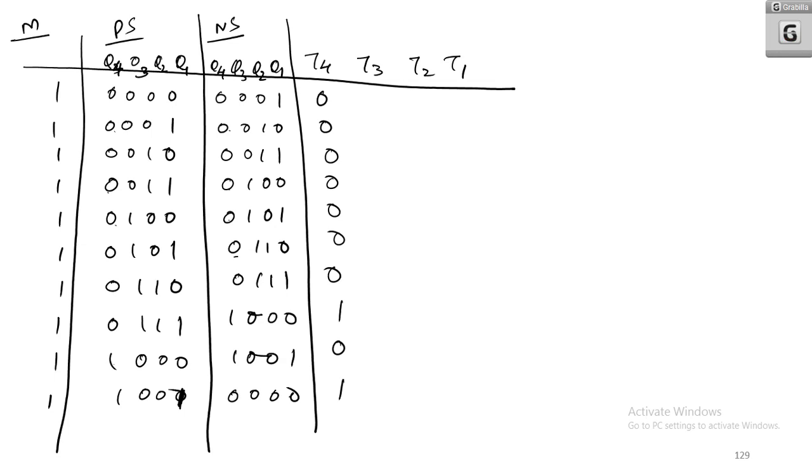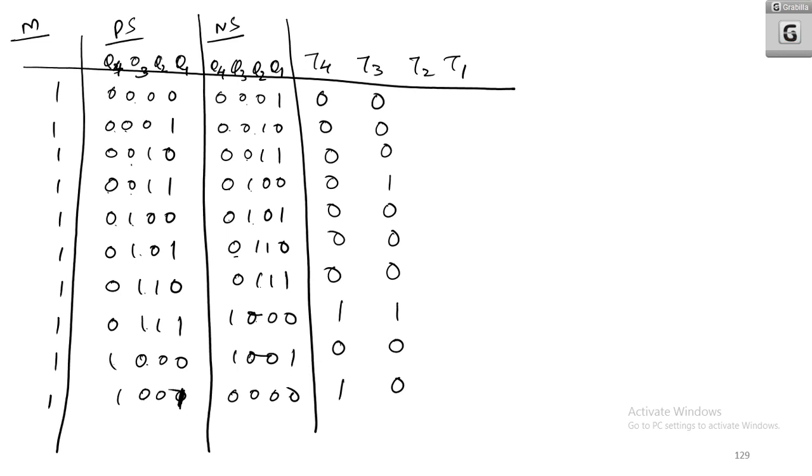Now coming into T3, 0 to 0 it is 0, 0 to 0 it is 0, 0 to 0 it is 0, 0 to 1 it is 1, 1 to 1 it is 0, and so on, 1 to 0 it is 1, 0 to 0 it is 0.